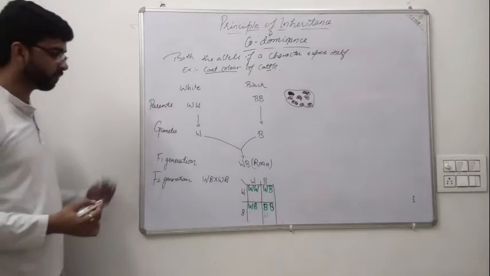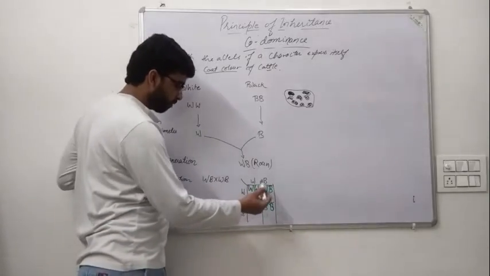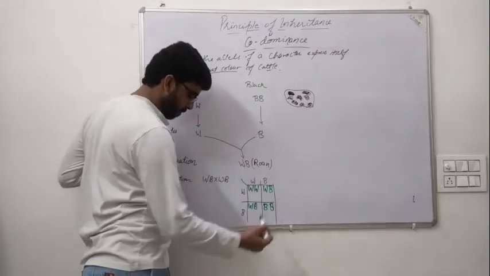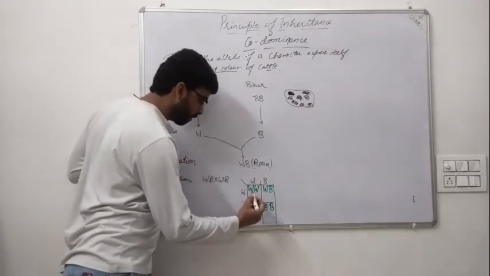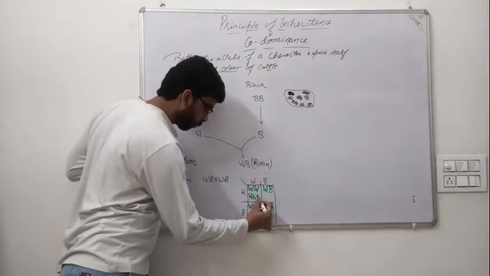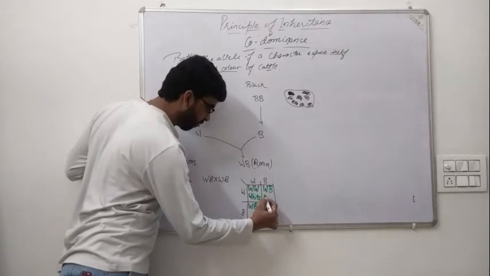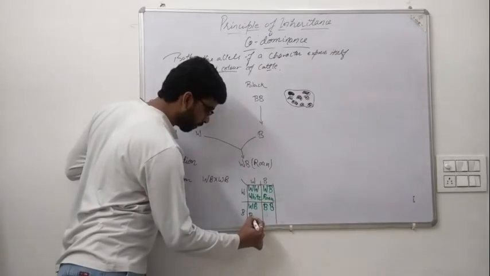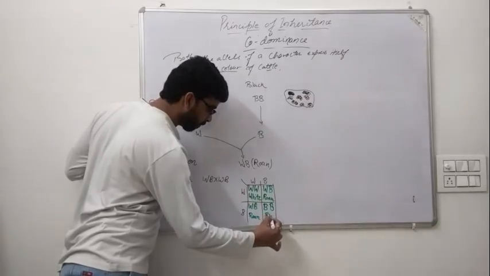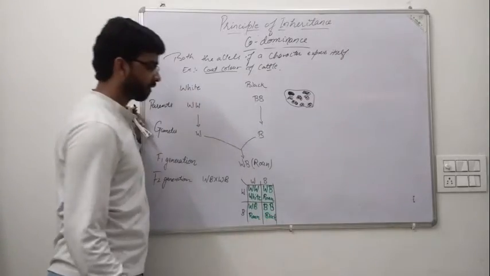Here we observe WW, WB, WB, BB. WW is for white color, WB is for roan color, the other WB is also for roan color, and BB is for black.